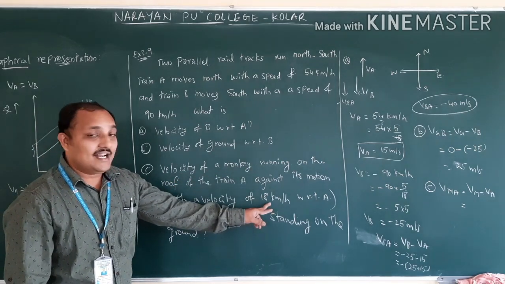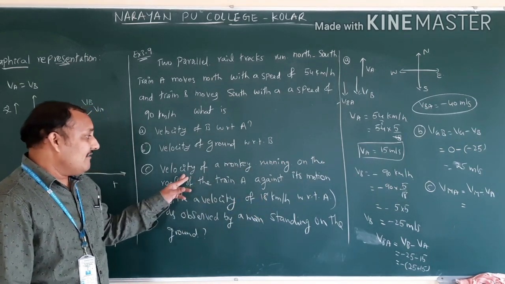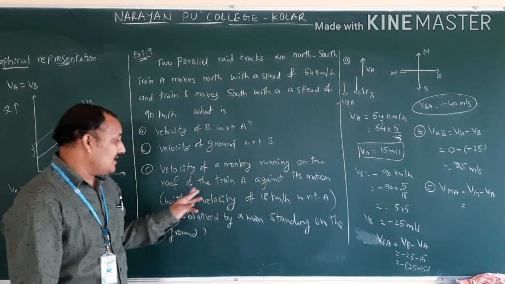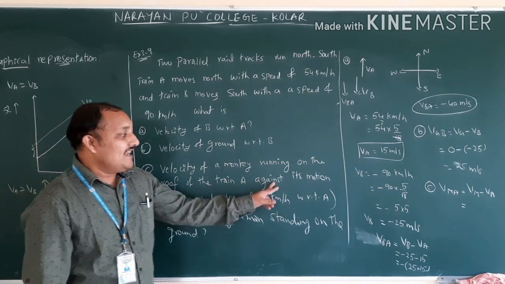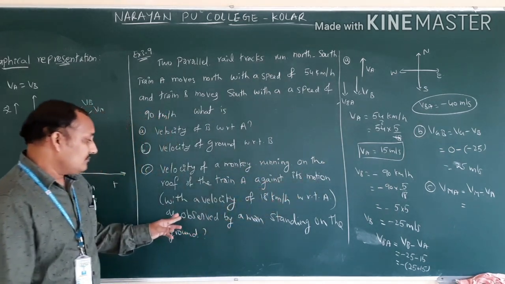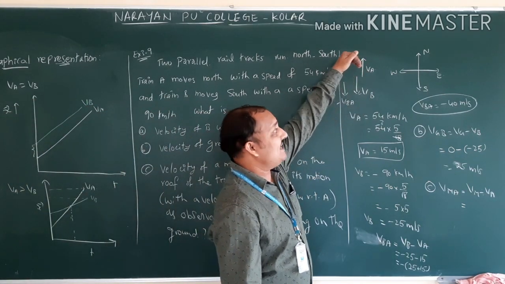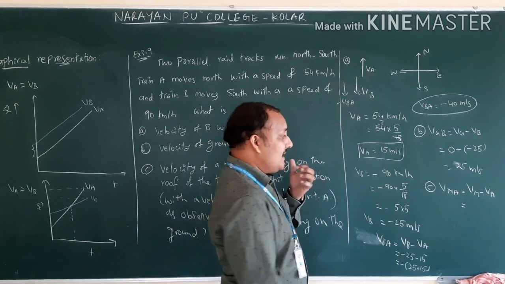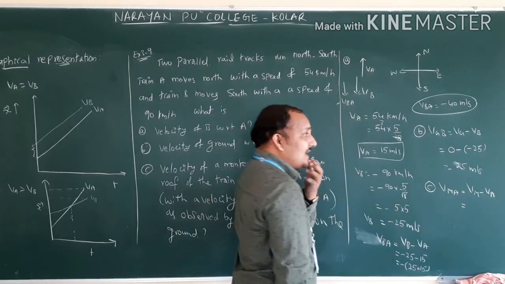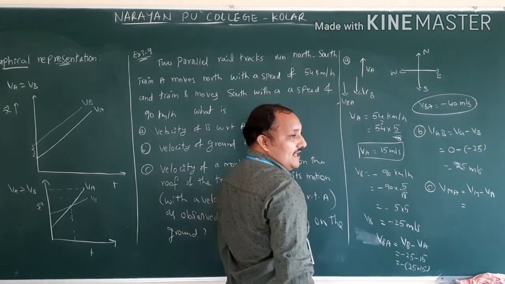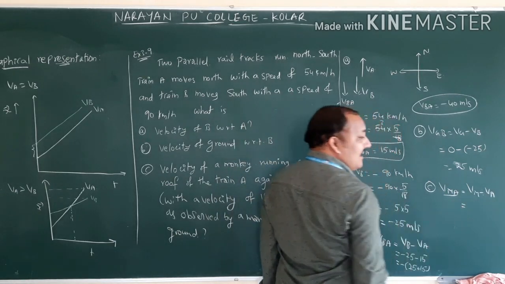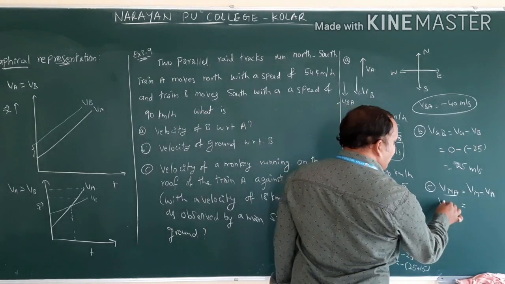So you should take the direction also. How is it moving? Velocity of monkey running on the roof of the train A against its motion. Against its motion means A is moving towards north, and now the monkey is coming downwards. Therefore VMA will be positive or negative? Towards south what we have taken? Negative. Therefore this VMA value we should take negative.